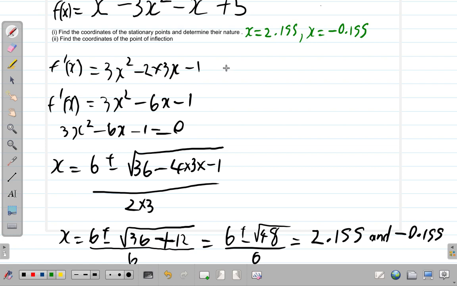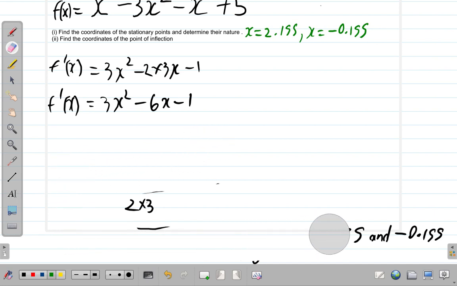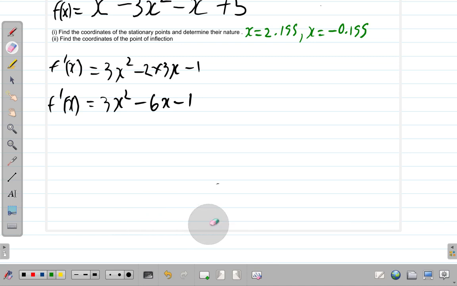Now, the nature of these stationary points. We have the first derivative here, and we're going to use the second derivative.